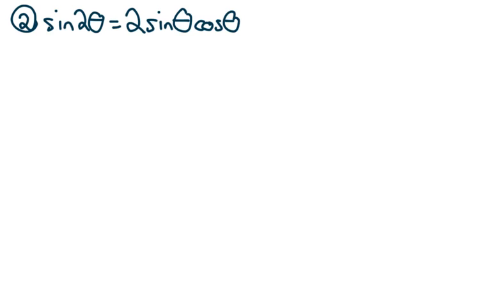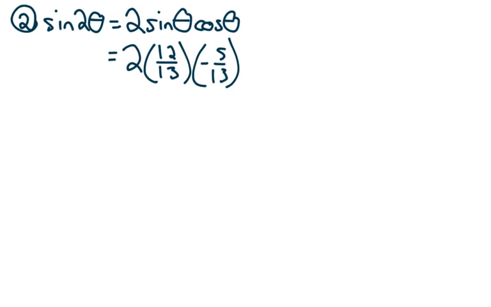We already found sine theta in the last example. We can recycle it and use the 12 over 13 again. Cos theta still negative 5 over 13. Keeping in mind that for this multiplying, 2 is 2 over 1. Multiply that out, we get negative 120 over 169.